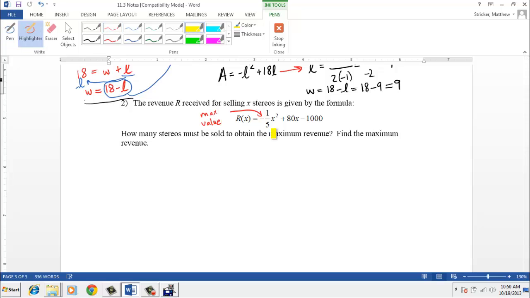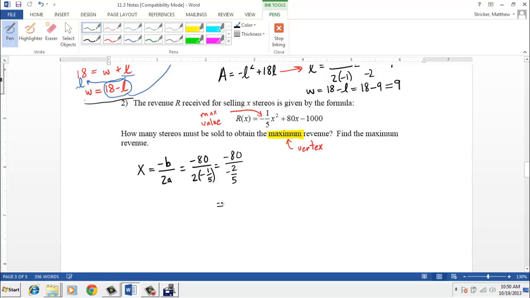And again, I want you to notice that it uses the word maximum, which means find the what? The vertex. And again, the vertex x is equal to negative b over 2a, negative 80 over 2 times negative 1/5, which is negative 80 over negative 2/5.